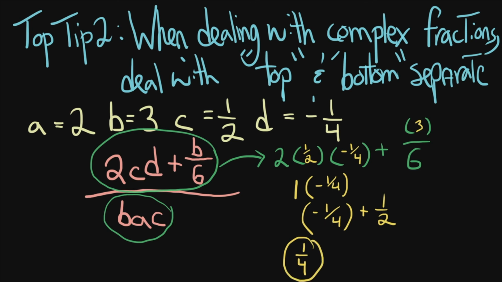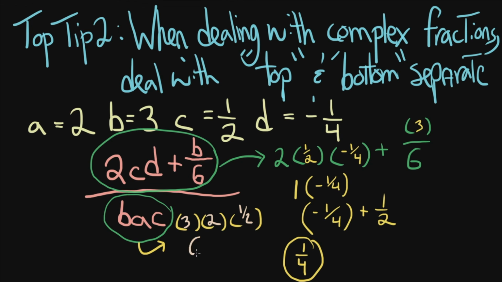Okay. Let's go and deal with this part right here. So B, A, and C. Let's get a different color. There we go. So B was 3, 2, and a half. Okay.